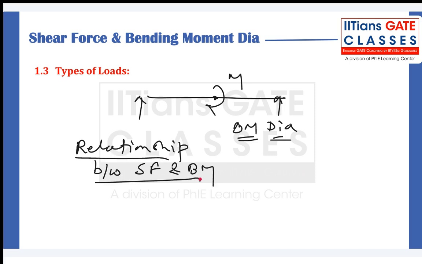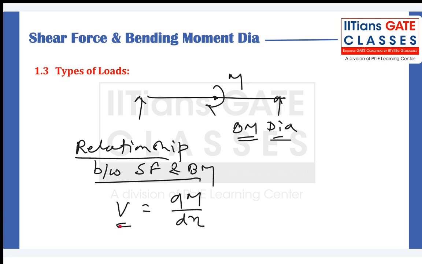Okay, so guys, shear force you can denote by V or F. Usually we denote shear force by V. V is given as dM/dx. The rate of change of bending moment gives us shear force.